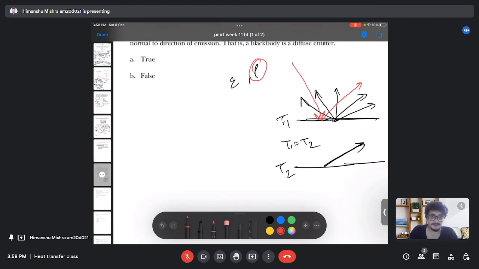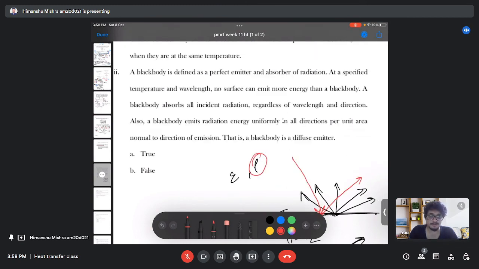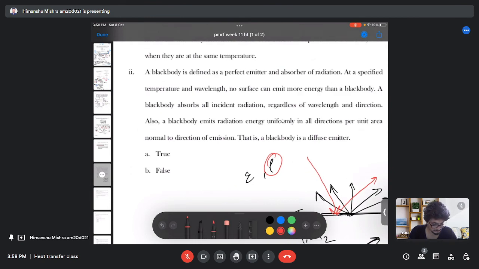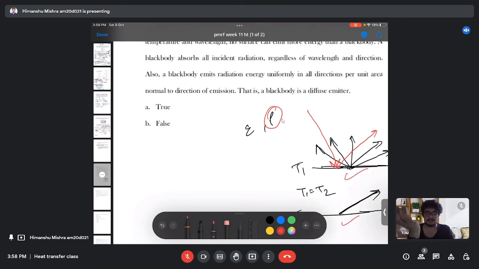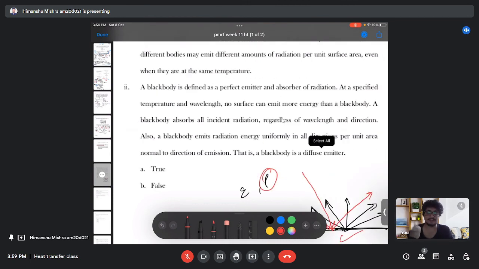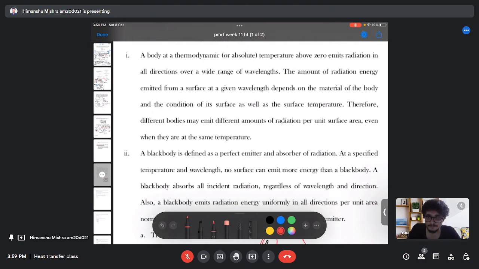So all these different factors say that even if T1 and T2 are equal, that means both surfaces are at equal temperature, the radiation emitted from these two surfaces can be different. So the first statement is true.